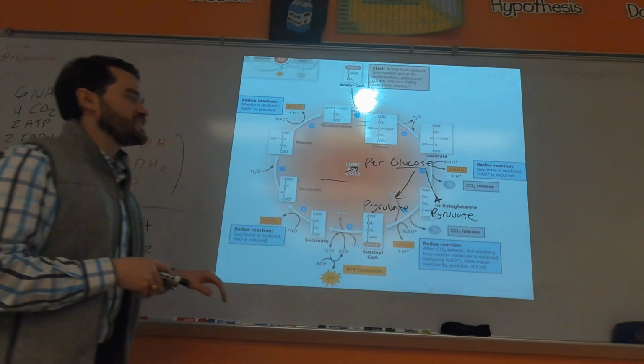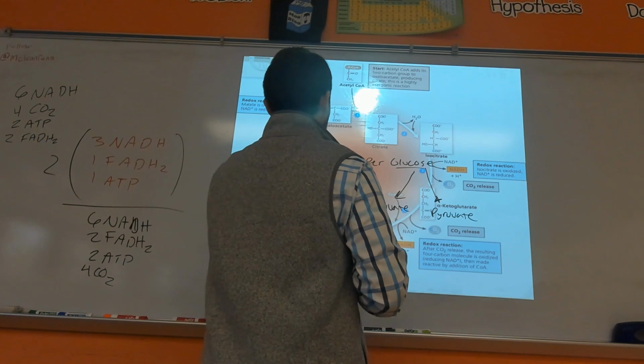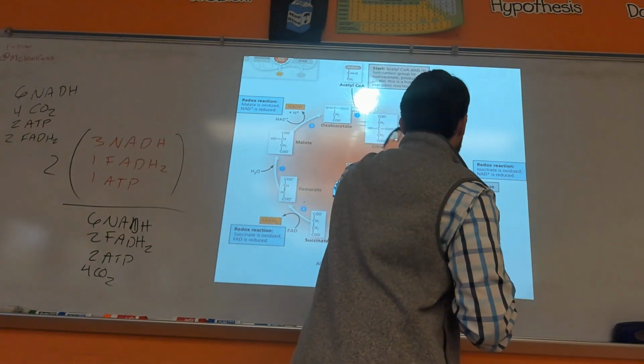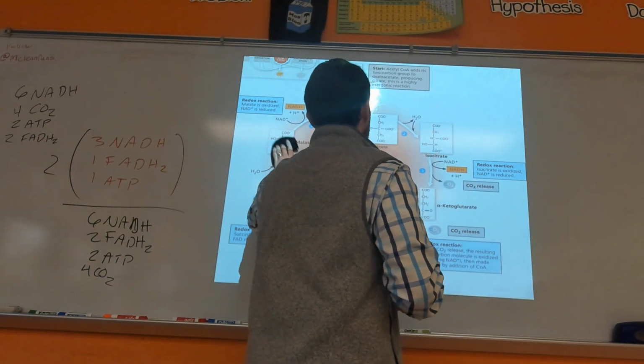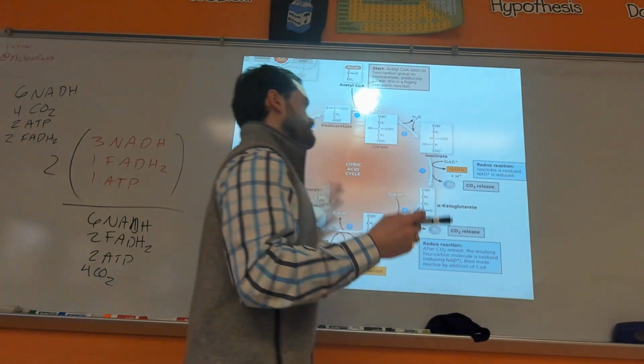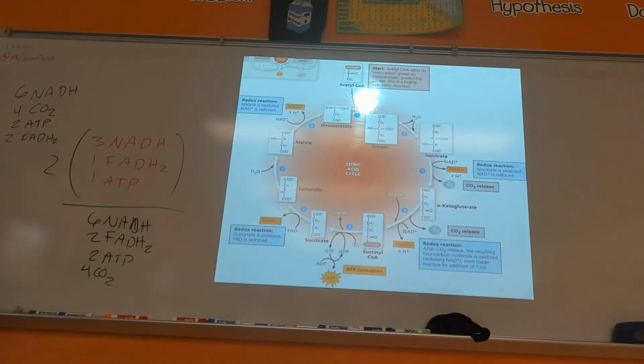Now this is where, if you take biochemistry in college, they make you memorize all the details. You don't have to know it to this level of detail. You just need to know inputs, outputs. But I think it's worth briefly talking through what's happening. Here's what acetyl CoA looks like.